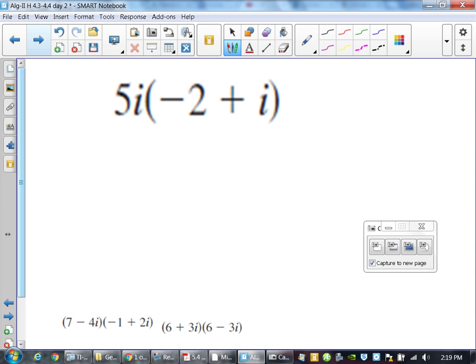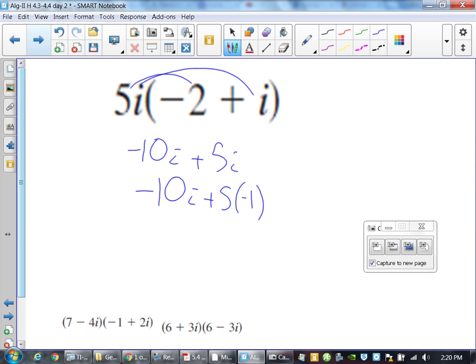So distribute out. What's 5i times negative 2? Negative 10i. What's 5i times i? But what is i squared? Negative 1. That's why we go back to be able to do that. So it becomes negative 10i plus 5 times negative 1. So your final answer would be negative 5 minus 10i.